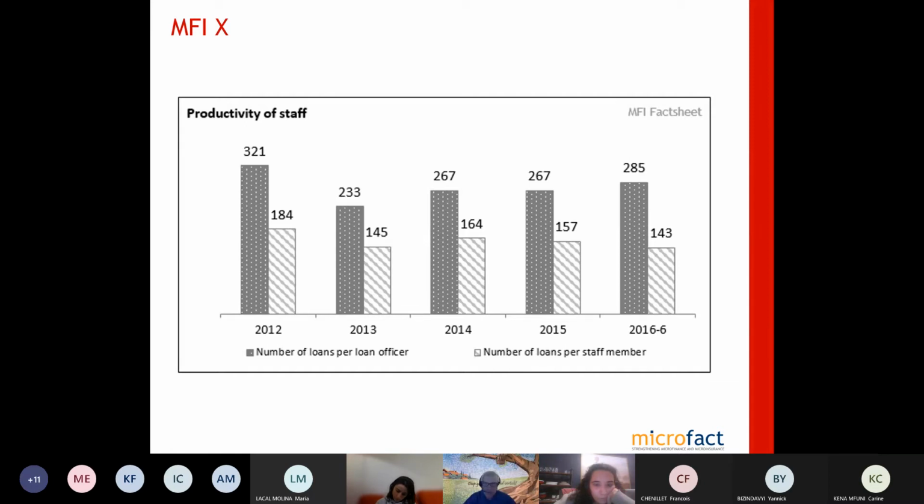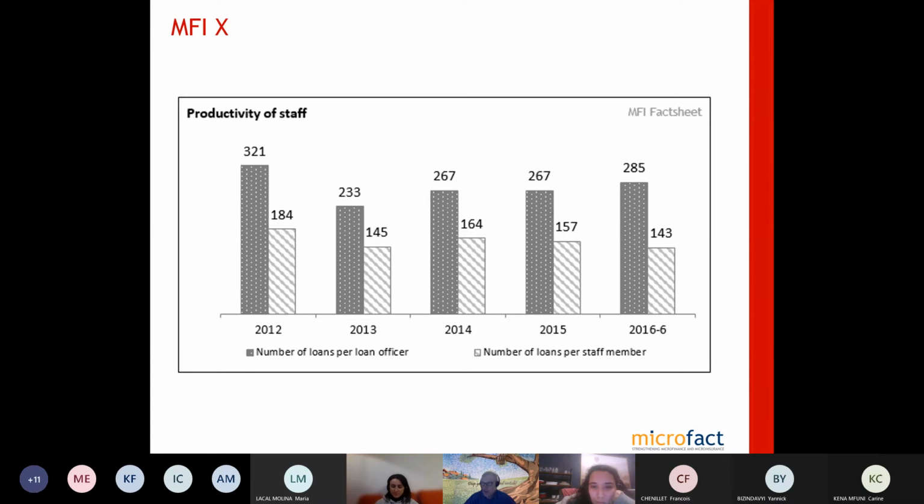I remember I did this training once in Rwanda, and we were comparing the figures of productivity of staff. And there was one organization in Rwanda having 7,000 active borrowers per loan officer. So that guy, he was really extremely proud because nobody, the highest of the others was around 250, 300, 400, and he did have 7,000 borrowers per loan officer.